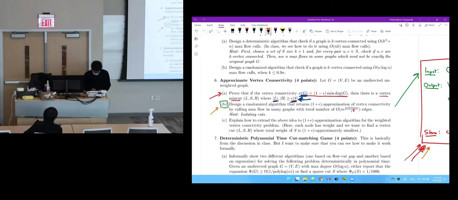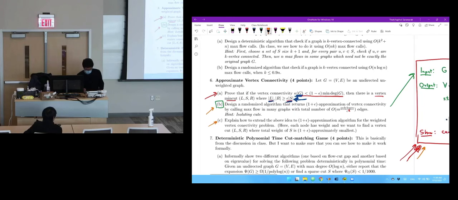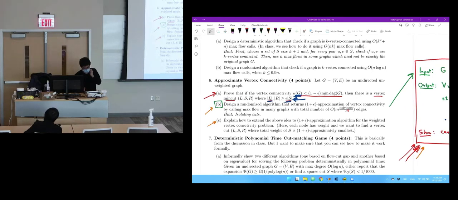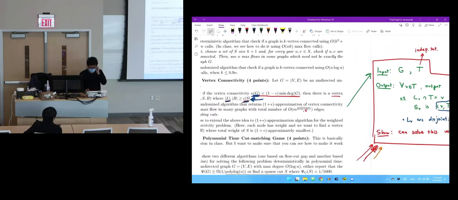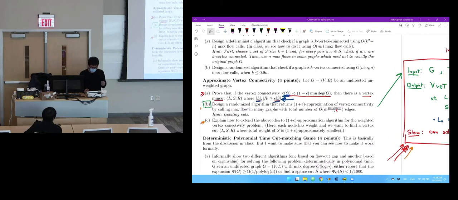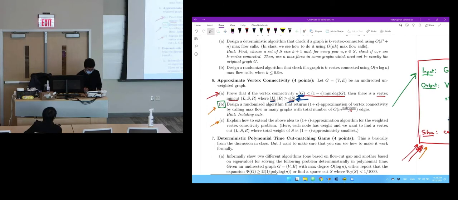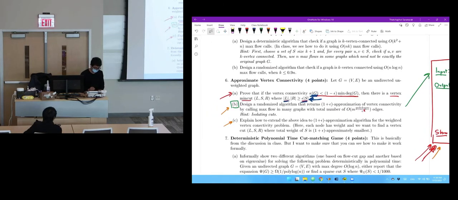For 6C, you try to sample proportional to the weight. A node that has a large weight will be sampled with higher probability. So once you have done 6B, then for 6C, just sample with respect to weight.